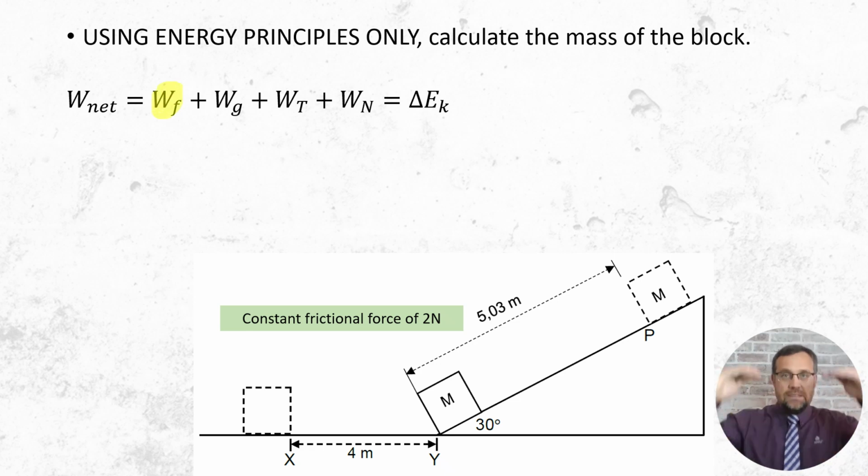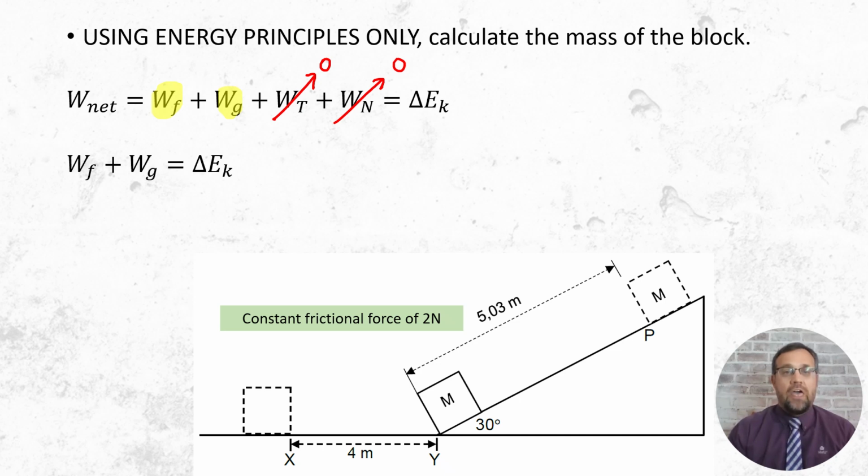You can see there is elevation taking place, so yes, there will be work done by gravity. There's no tension involved, there's no external force, that will be 0, and again the work done by the normal force is equal to 0. So this then simplifies to this equation.